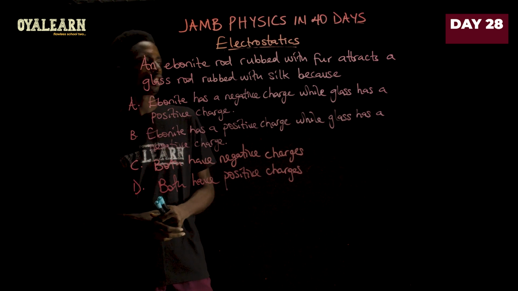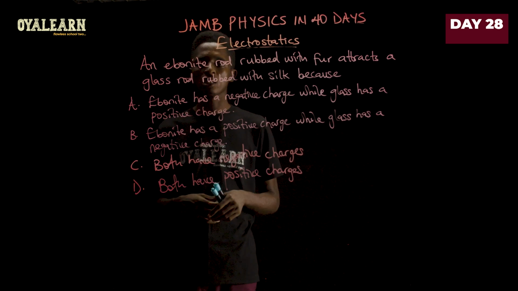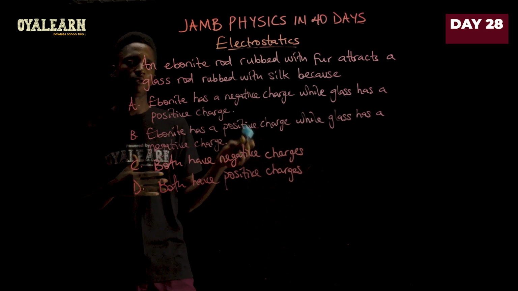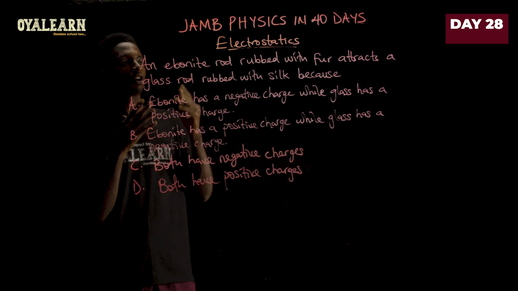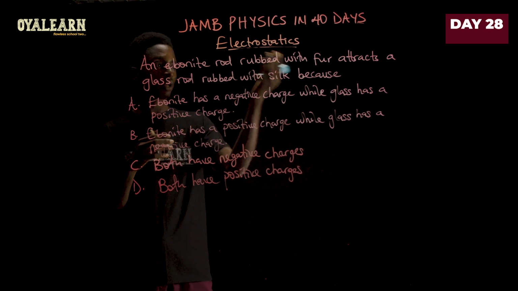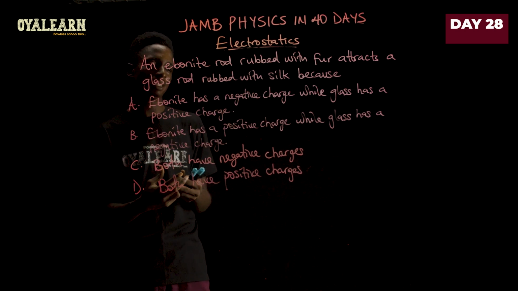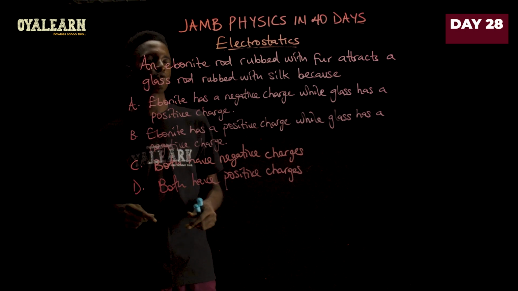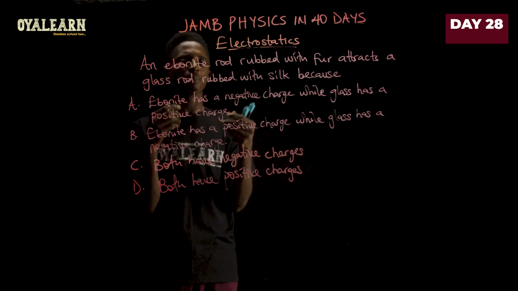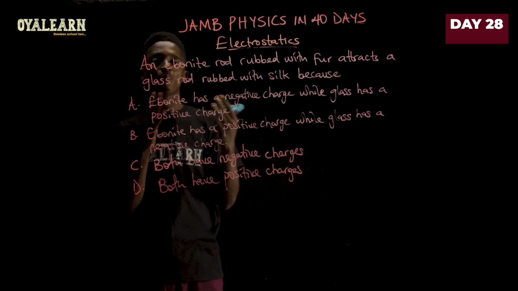An ebonite rod rubbed with fur attracts a glass rod rubbed with silk because. Before we answer this, let's look at what will happen to the ebonite rod when you rub it with fur. That is one of the ways to create negative charges. Every time you rub an ebonite rod with fur, it generates negative charge. It charges the ebonite rod negatively. And when you rub a glass rod with silk, it charges the glass rod positively. So by the time you are done rubbing both of them, the ebonite rod is negatively charged and the glass rod is positively charged.